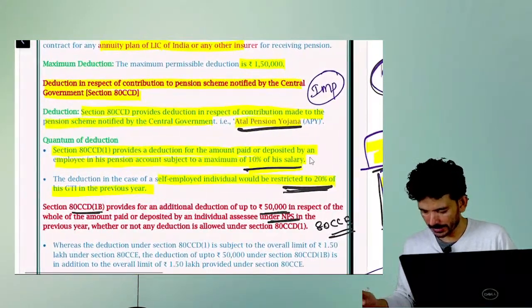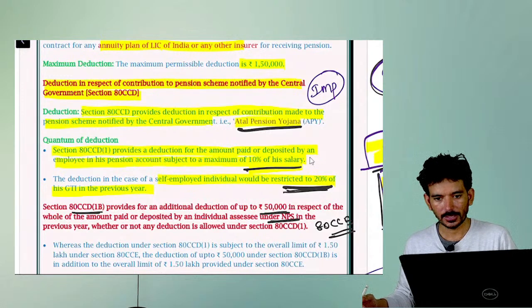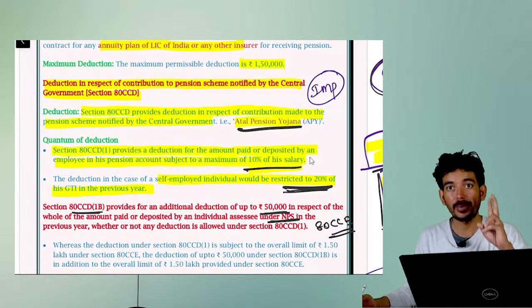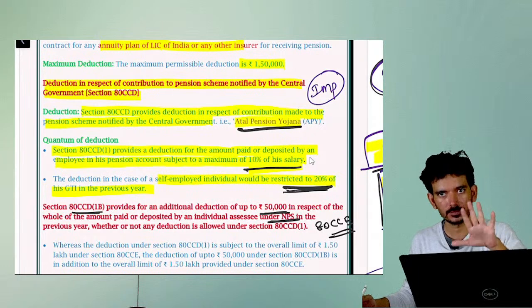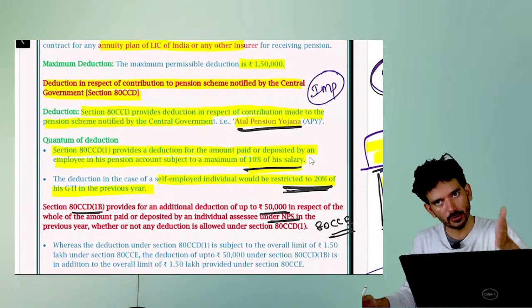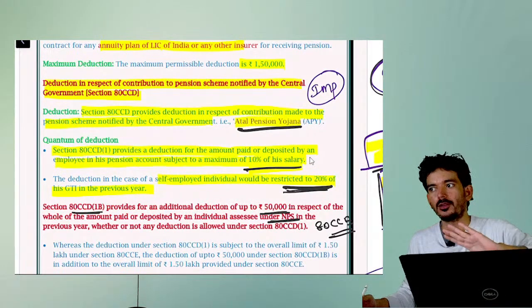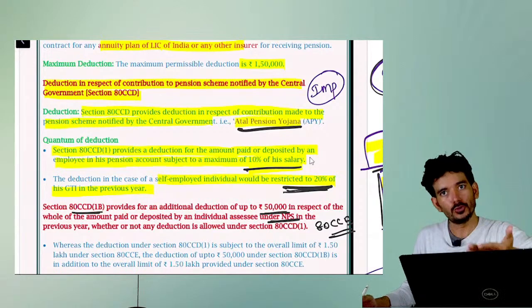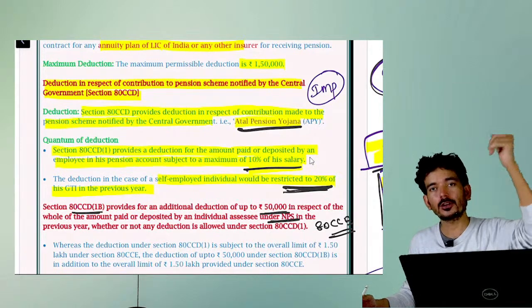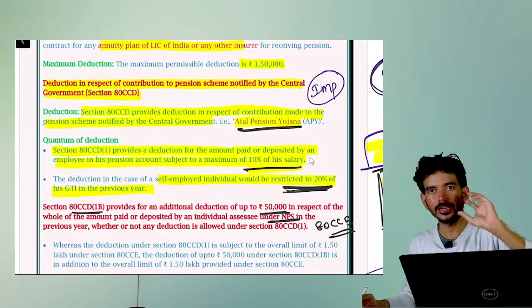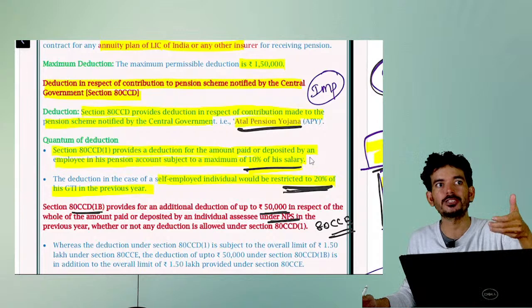80CCD(1) is where you are taking pension for yourself out of your own money. Whatever money has been given to you is all taxable salary. From your own money, you are thinking of your old age and you are getting scared and you want to start one pension scheme or pension policy for yourself.